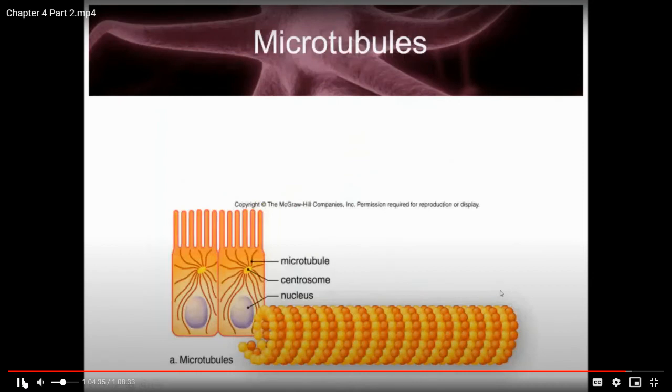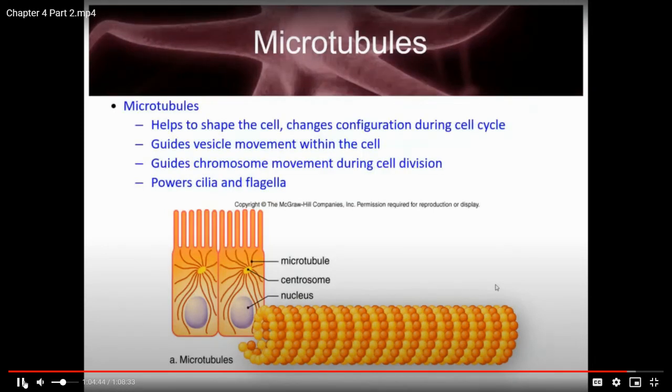Okay? So there's 2 different kinds. All right, so let's look at the different kinds of cytoskeletal proteins. The first one are microtubules. Microtubules do a lot of cool things. They help the cell maintain shape. They guide vesicles. So when the vesicle leaves the Golgi, how does it get to the plasma membrane?